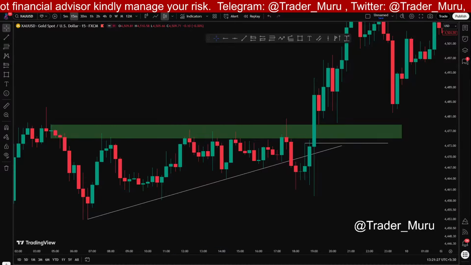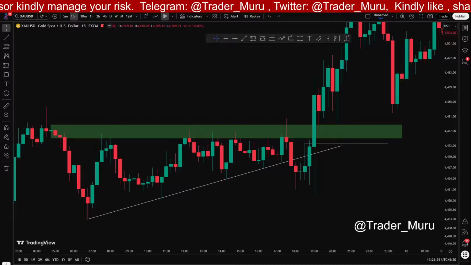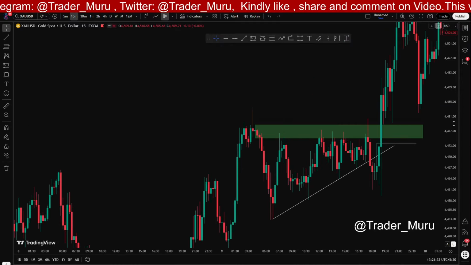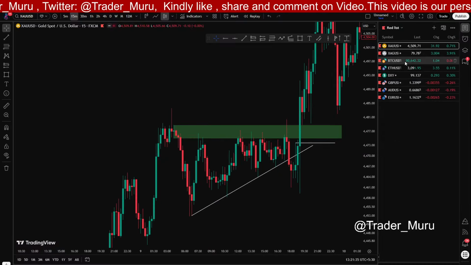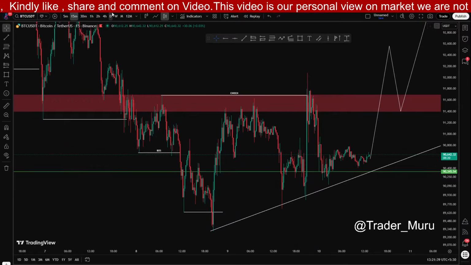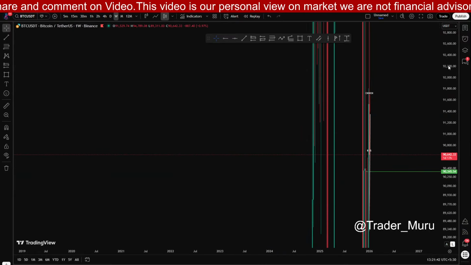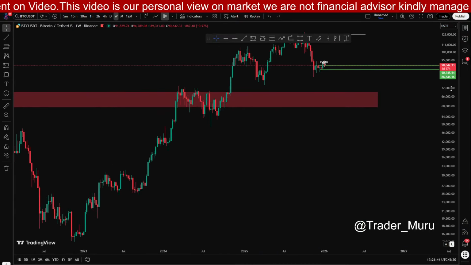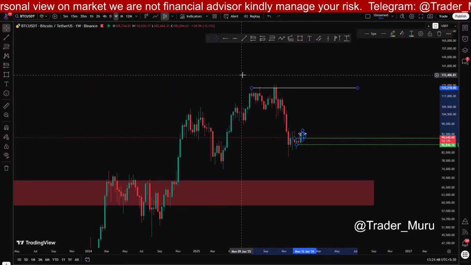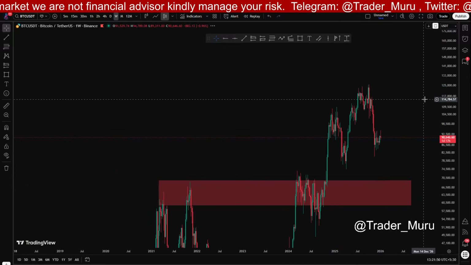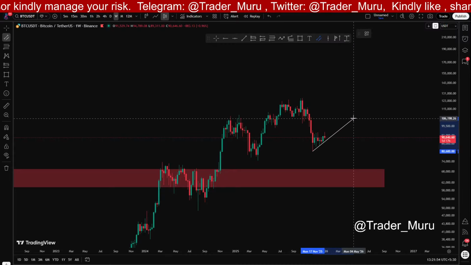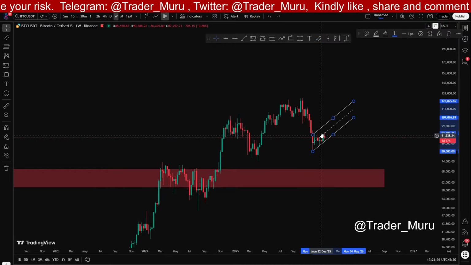BTC, in the past week you were expecting a drop around 7600. Do you still expect a drop? Right now BTC is not showing any weakness. It is holding these areas. See this. What happens when BTC does something like this? It creates a bearish flag and drops again.